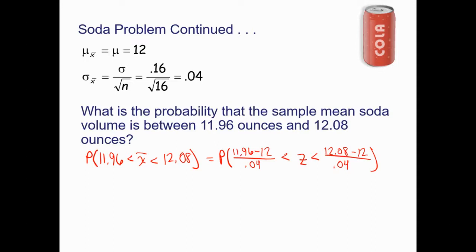If I simplify this, what would I get? It should be -1, that's right. What about my upper bound? 2.